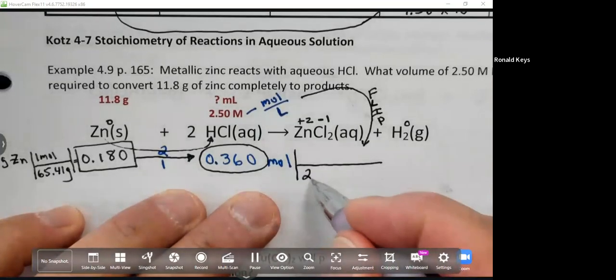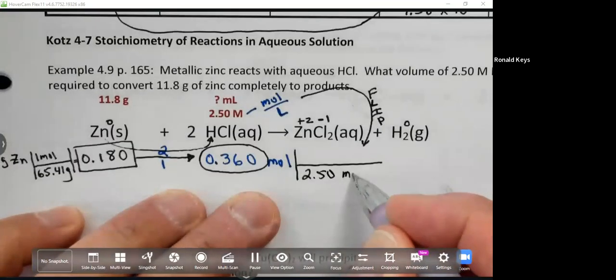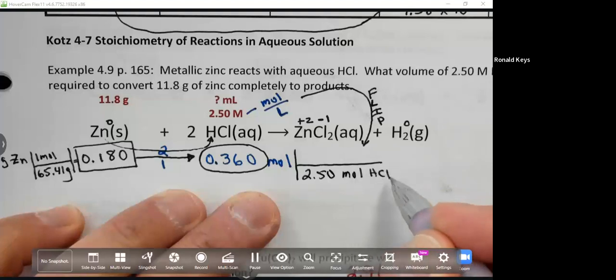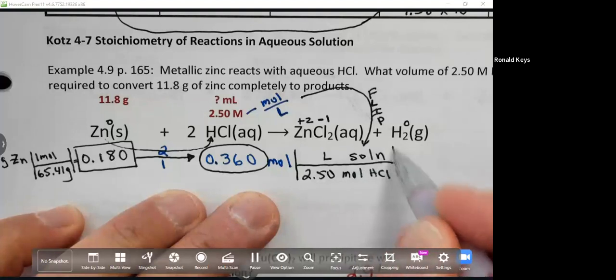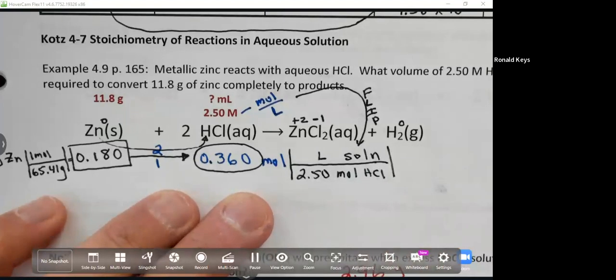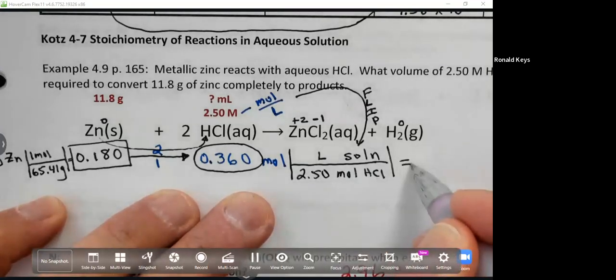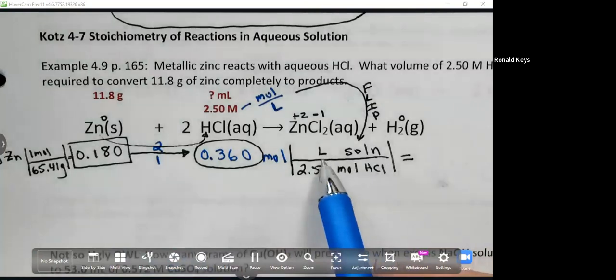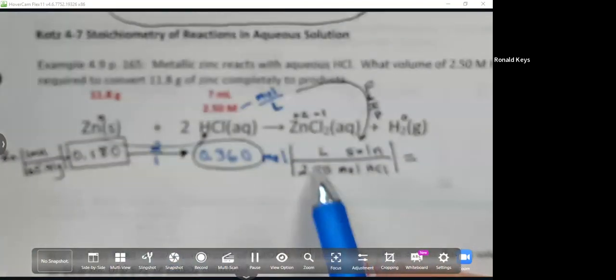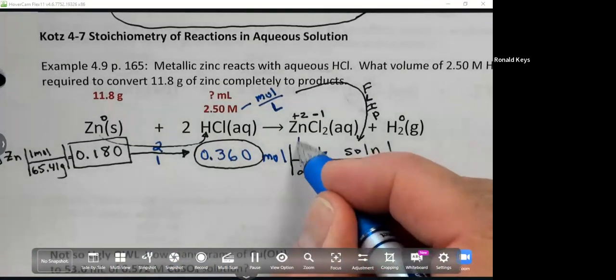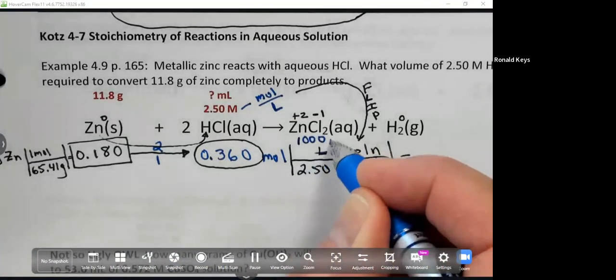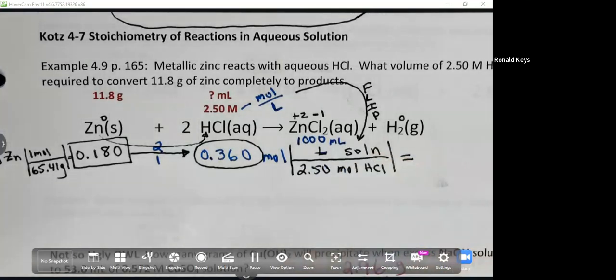And the molarity here is 2.50 mole of HCl per liter of solution. And let's do one quick shortcut. Let's cross out liter. How many milliliters? 1,000, right? Let's just put a line through the L and replace this with 1,000 milliliters. Same thing.